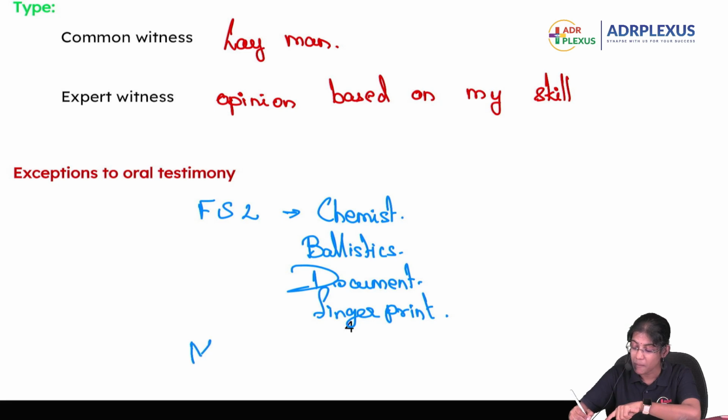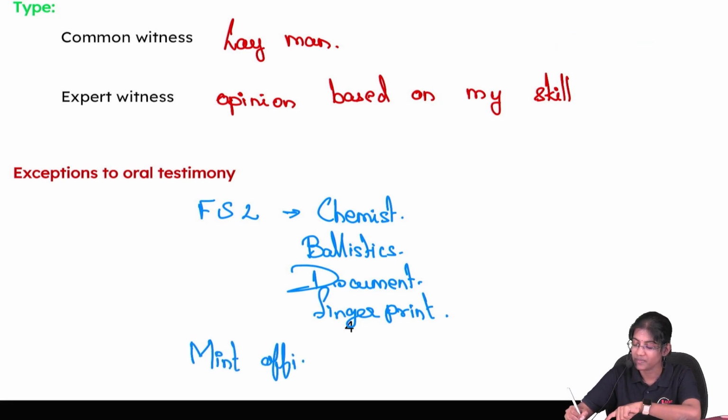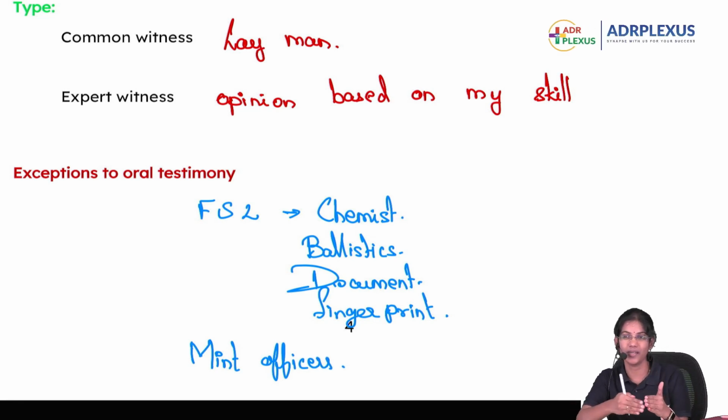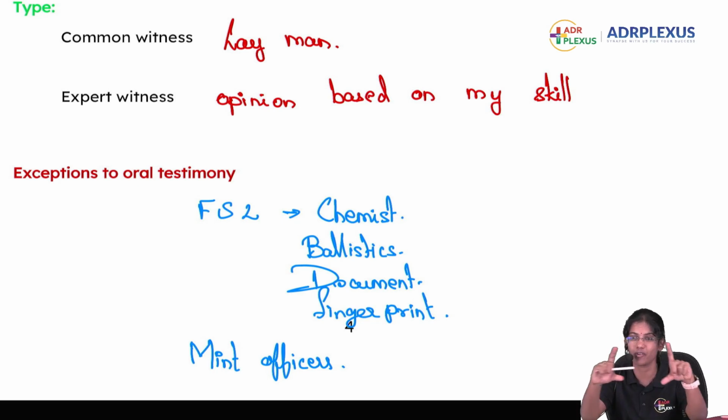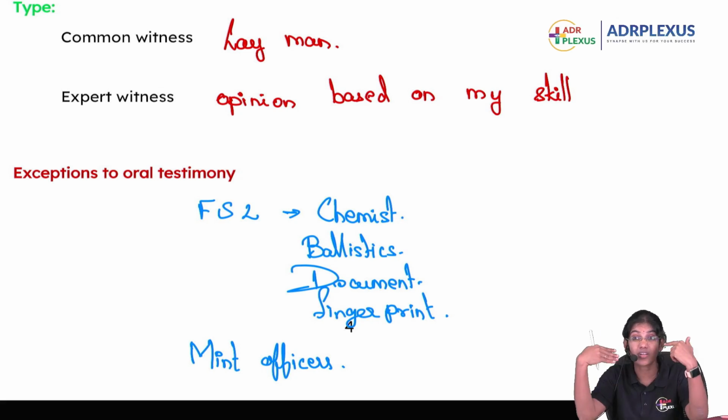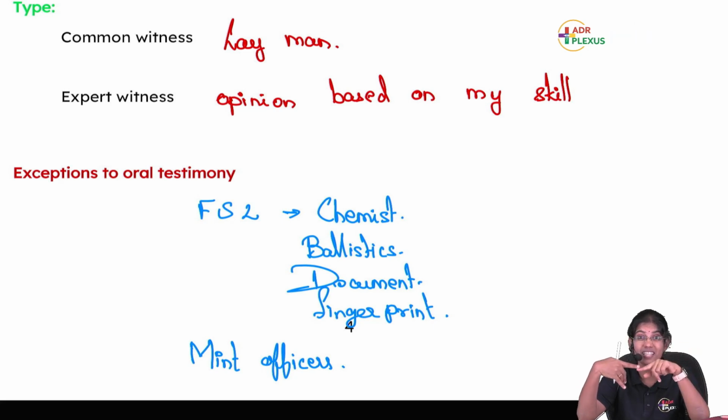And apart from it, mint officials. Mint officials means people who are involved in the money minting process. In government, there are presses, right? Like for the rupees and everything. They all are an exception. Now, again, think about it. We as doctors are seeing an injury and we are interpreting it. Now, for an FSL, the lab gives the report.